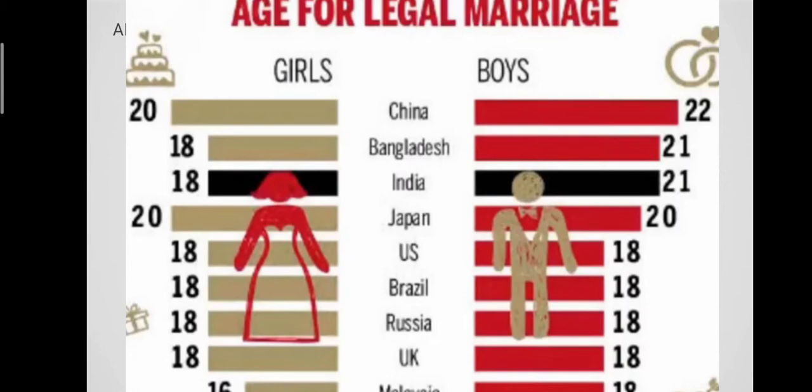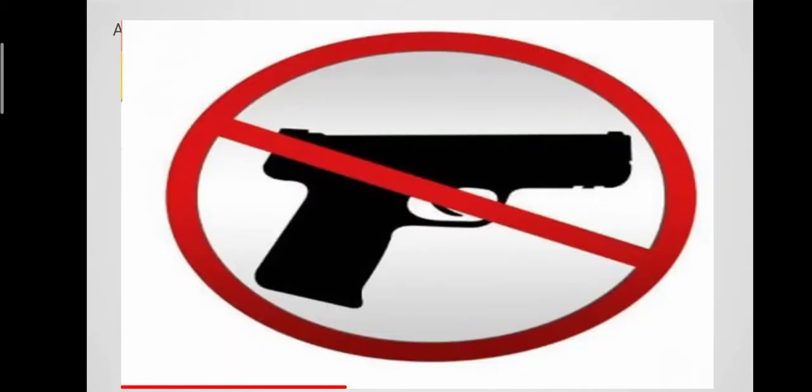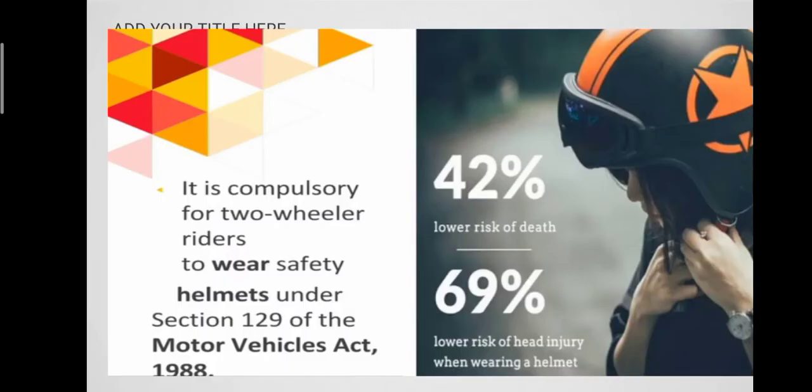We also know the Indian law that if a person has a weapon, then he or she should have a proper license for that weapon. So these are all Indian laws. We also know the law of wearing a helmet for two-wheeler riders.